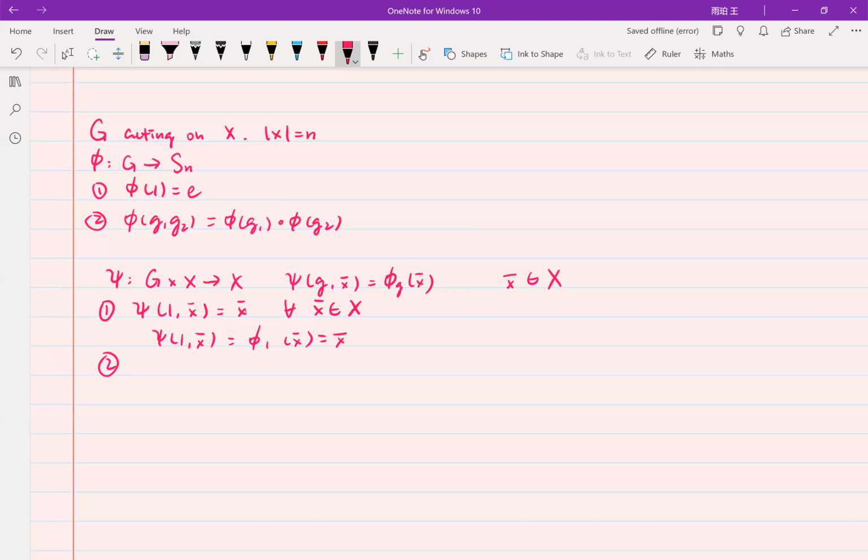The second property is that psi of g1 g2, x bar equals psi of g1 and then psi of g2, x bar. Similarly, writing this out as homomorphisms, we have psi of g1 g2 x equals phi of g1 phi of g2 x bar.